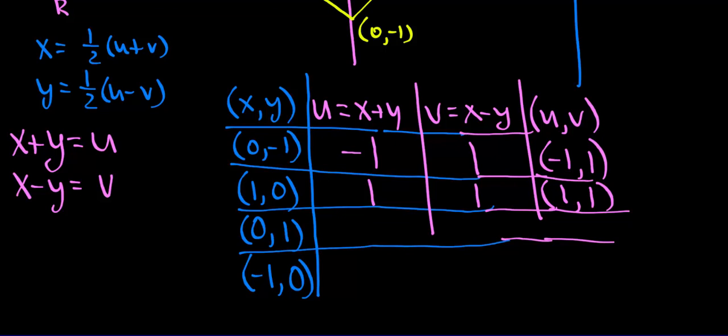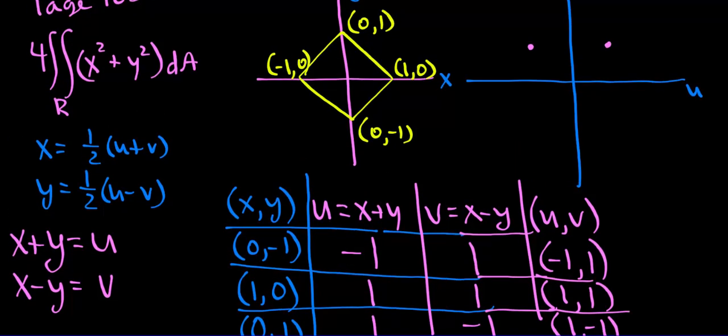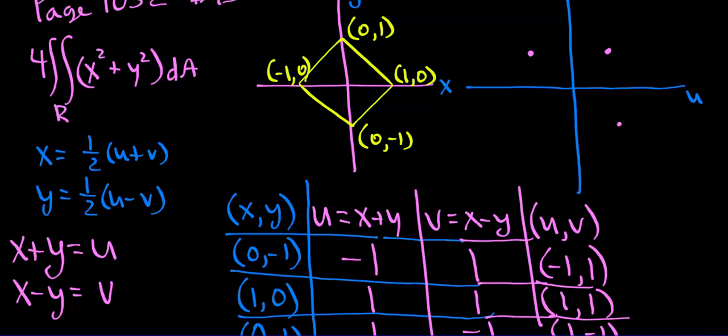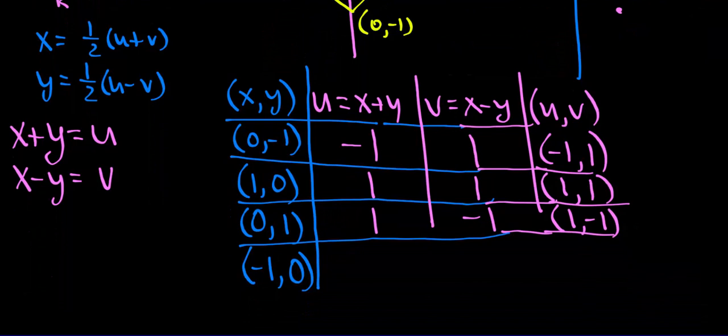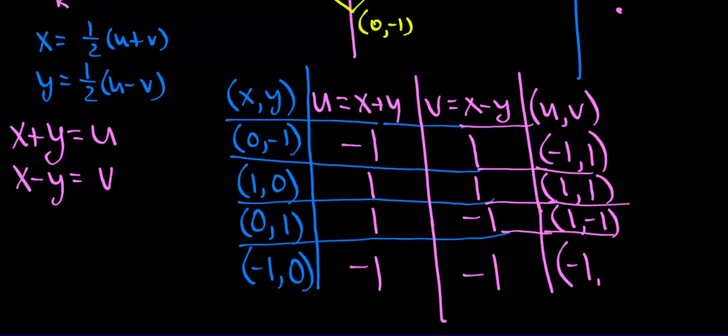So once again, that's 1 and then negative 1. So 1, negative 1 down here. And then finally, the grand finale, I've got negative 1, 0, so this is going to be negative 1, negative 1.